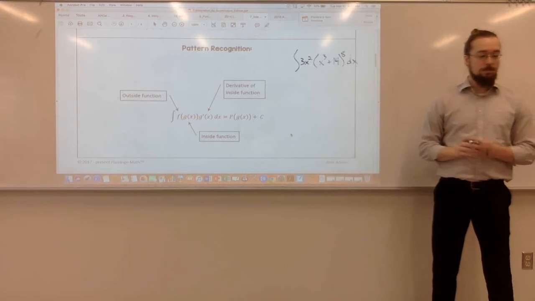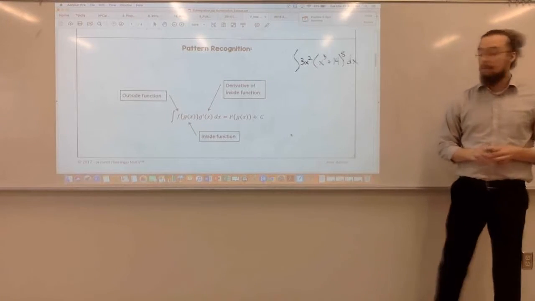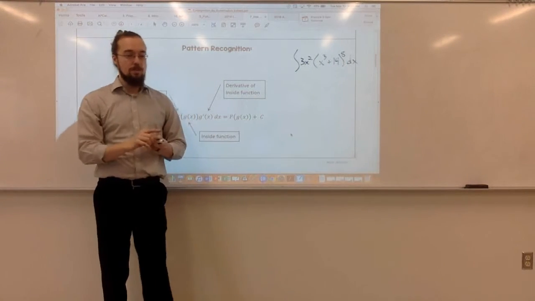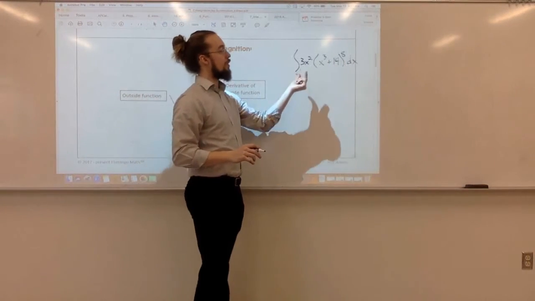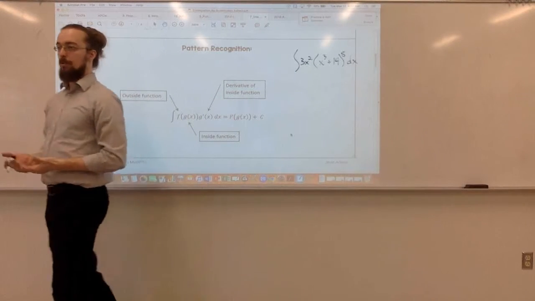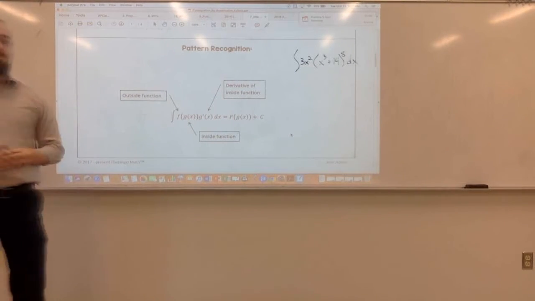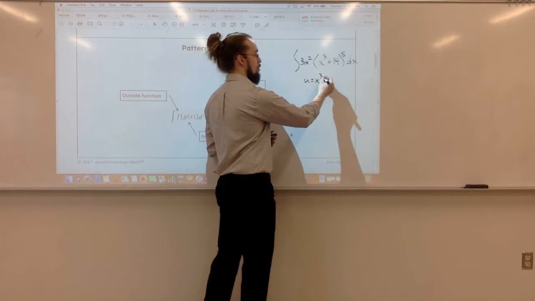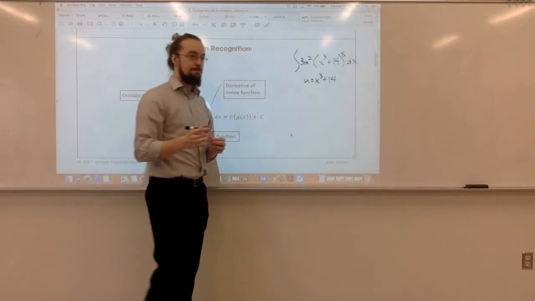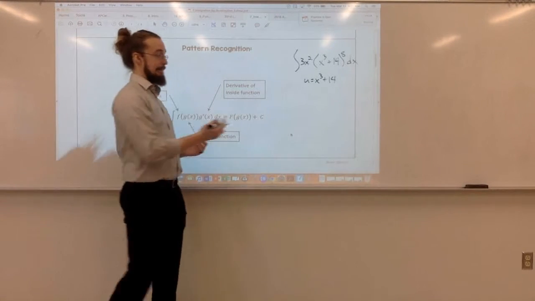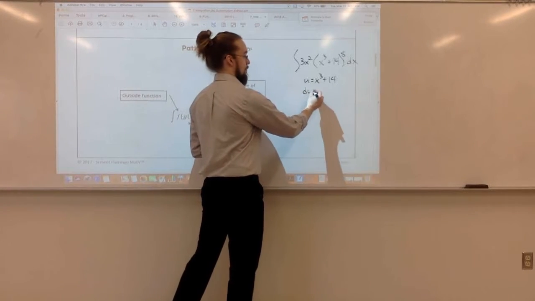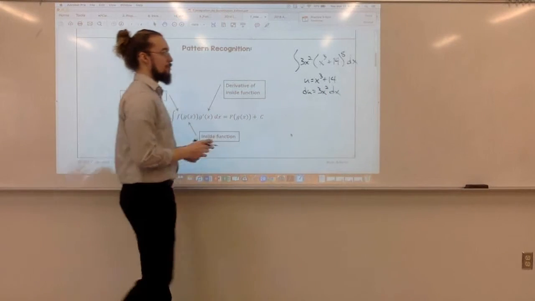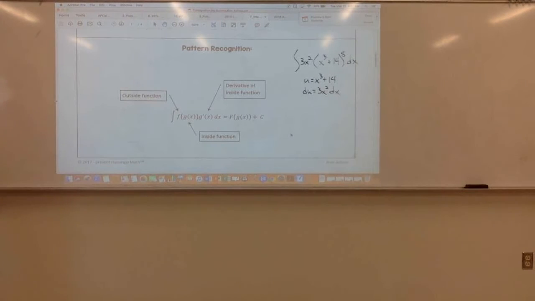What's 3x squared? Yeah, so the inside, the x cubed plus 14, its derivative would be 3x squared. So what should my u be? X cubed plus 14. So I'm going to say u equals x cubed plus 14. Right, du equals 3x squared dx.